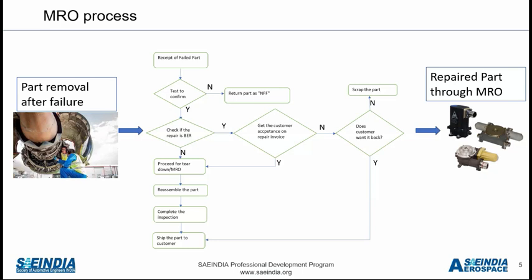So this is a typical process flow: the product has been removed from the aircraft, gone through the whole MRO process, and then sent back to the operators or customers. So any question here on the typical process flow for the MRO?